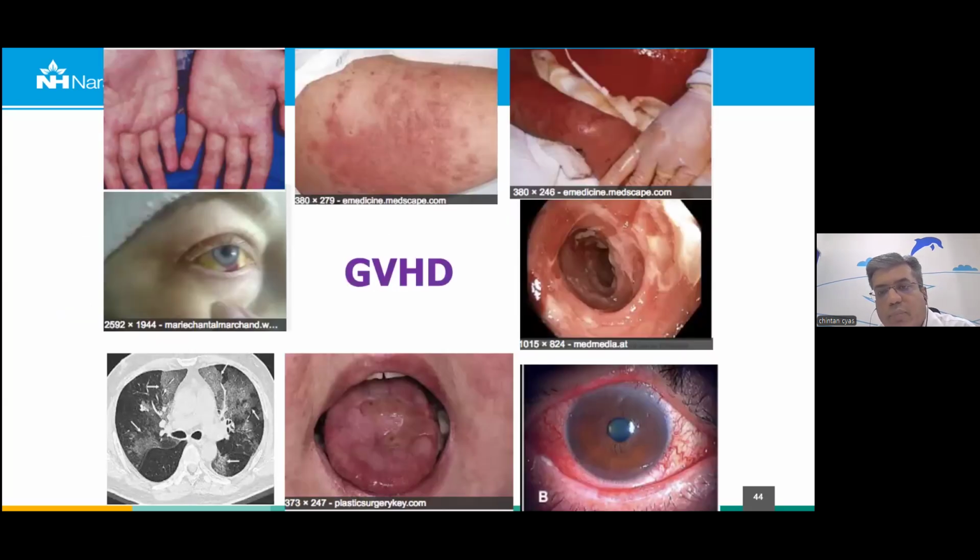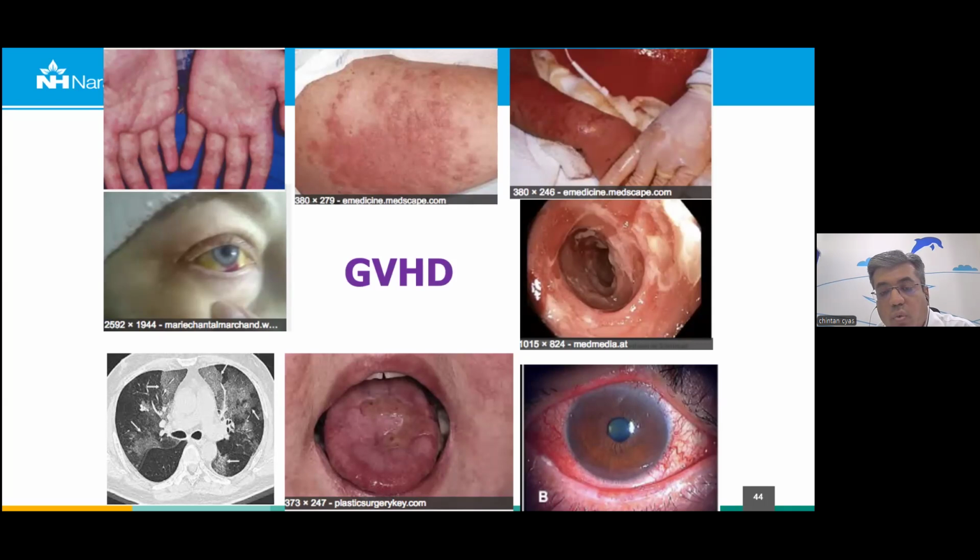So this is a broad schema, the cartoon of chronic GVHD. You can see the hand, the back, the red skin, bullous skin, eyes, jaundice. You can see this is a picture of the esophagus. You can see the web formation in the esophagus. You can see the CT scan of the patient where you can see the lung GVHD.